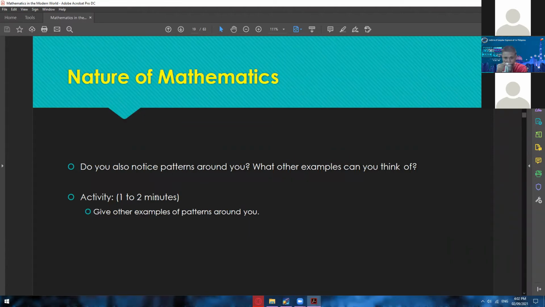Window frames. Window frames, thank you. What else? Neighborhood house colors. Colors, like red. Okay, yeah. What else?